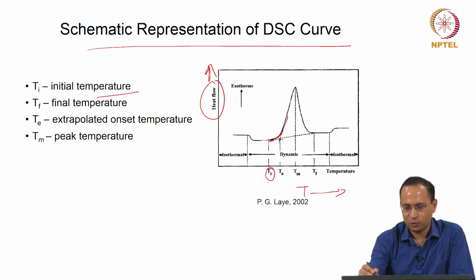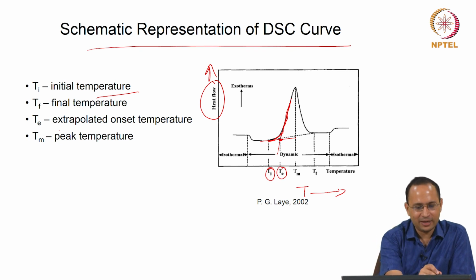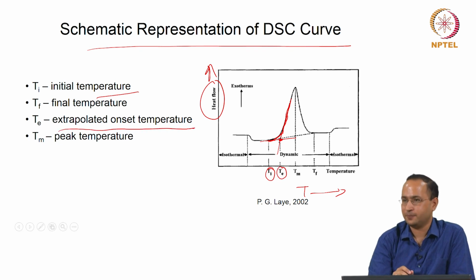Then you have this linear portion. Now if you draw a tangent to this and a tangent to your initial baseline, where they intersect, that is called Te. Te is nothing but the extrapolated onset temperature. Ti is the initial temperature, or you can say onset temperature. Things are changing now. Te is the extrapolated onset temperature.